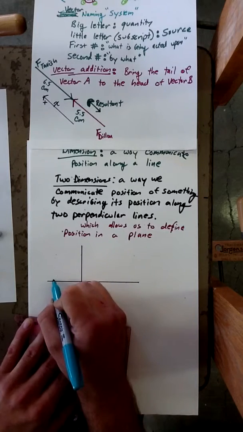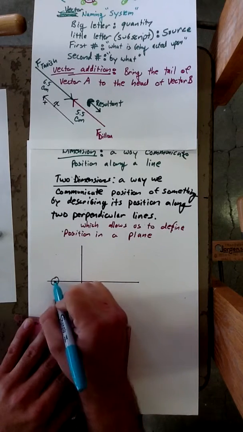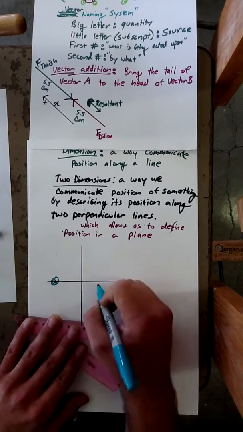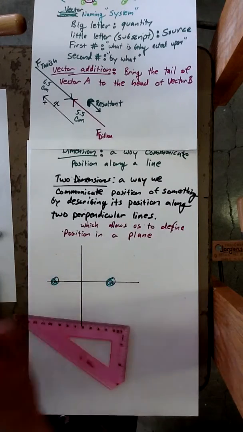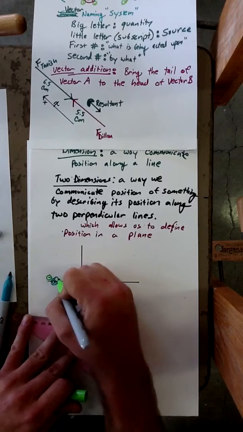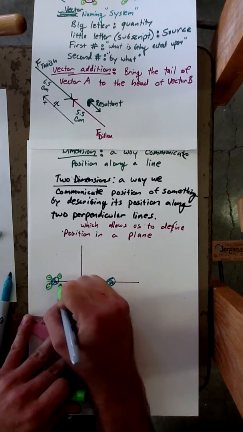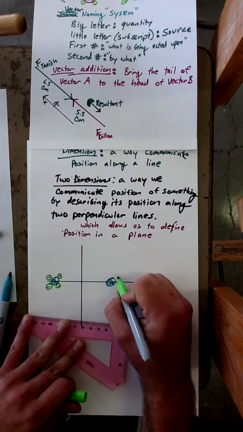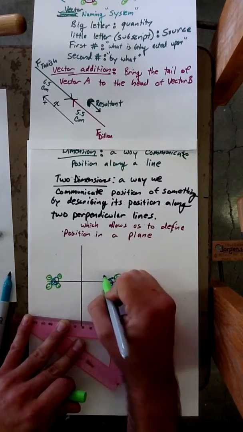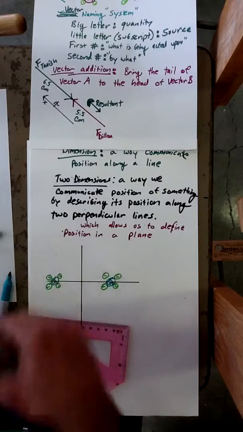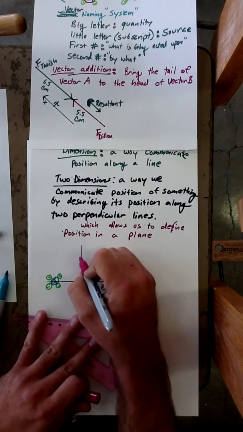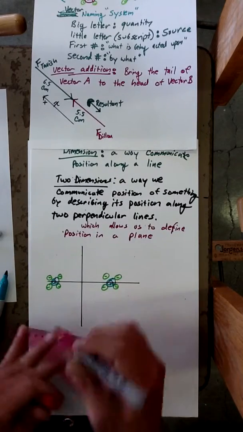We'll do a Q1, and this will be my Q2. And we're going to say that these are negative, so I'll put some electrons around them. And then we're going to go ahead and we'll put a Q3 down here.